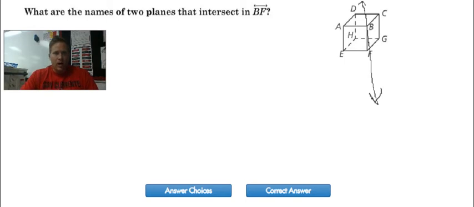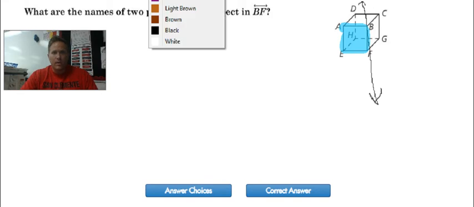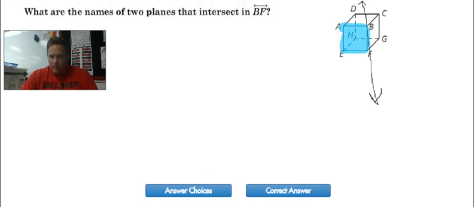So if I were to use two different colors, here is one plane, and then another plane comes and crosses it. These two planes intersect at exactly the line BF. So all we have to do is name these two planes.